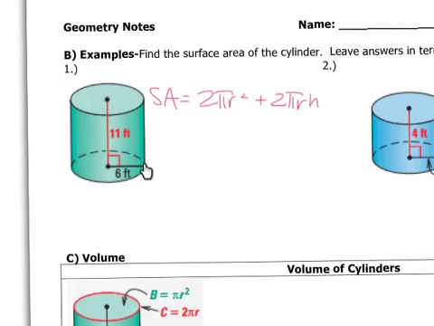The radius of the base is 6 feet. The height of the cylinder is 11 feet. So it's really just a matter of taking those values and plugging them in. So 2 pi times 6 squared plus 2 pi times 6 times 11.